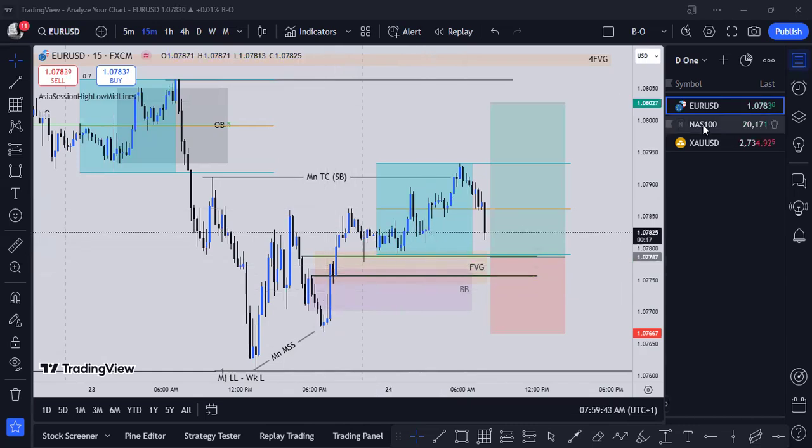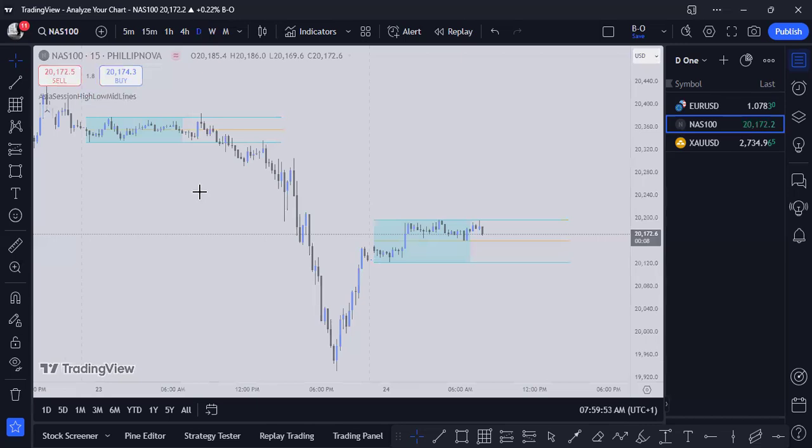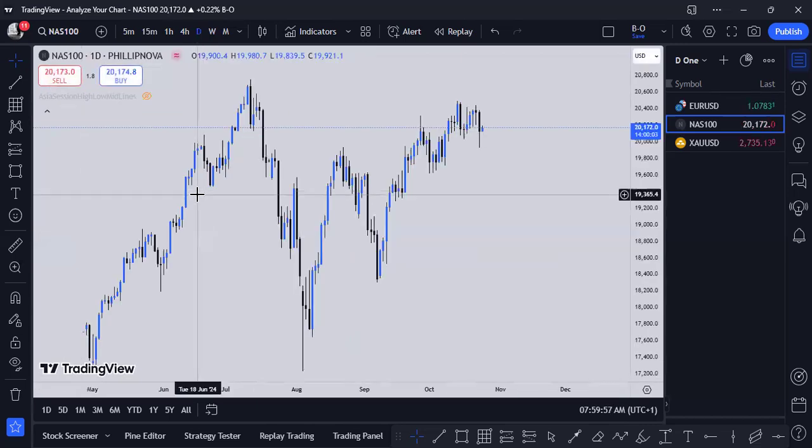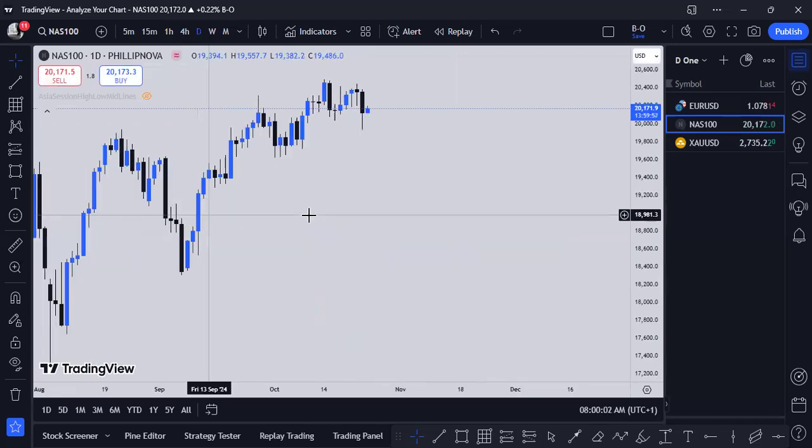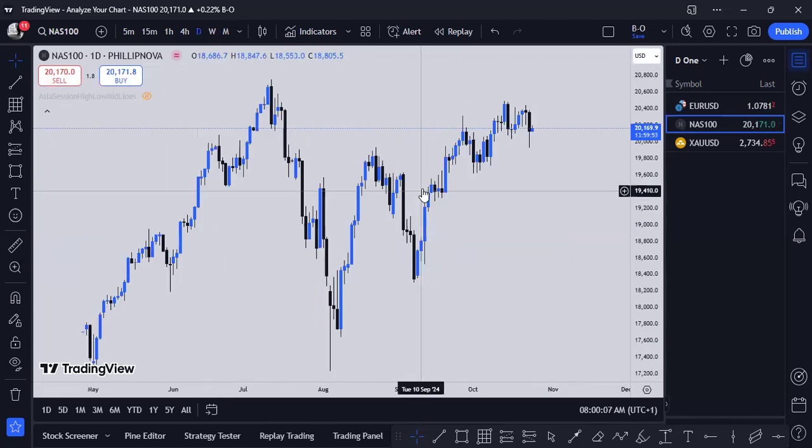Let's move to NAS100 and try to analyze from what the market is doing currently. Let's start on daily. So moving to daily, what can we see? What do we have here?